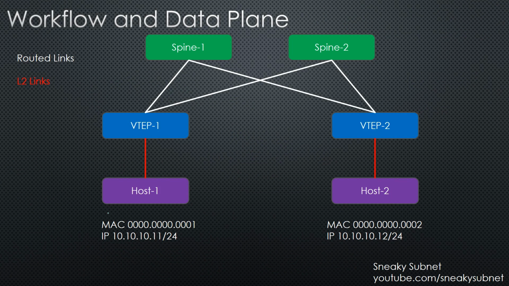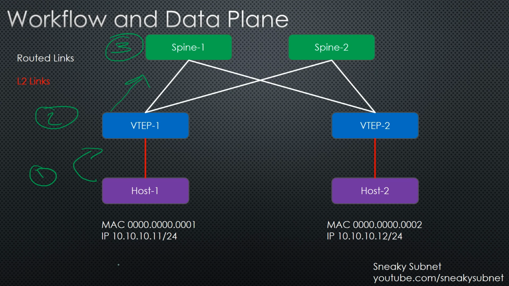So we went through step number 1. What happens between host and VTEP? VTEP has done VxLAN encapsulation, and it sent the frame towards spine 1. Now spine 1 receives that frame, and as I said before, spines just do IP routing.